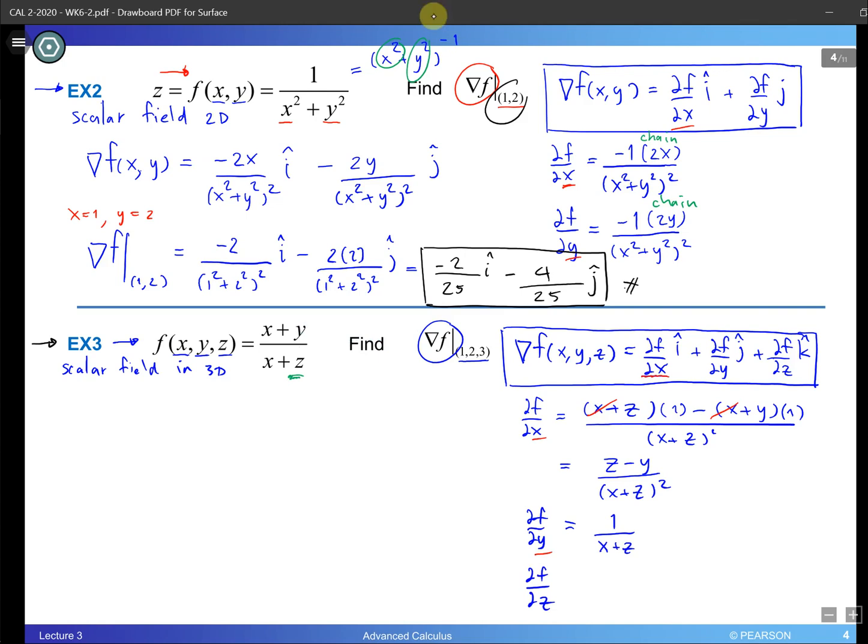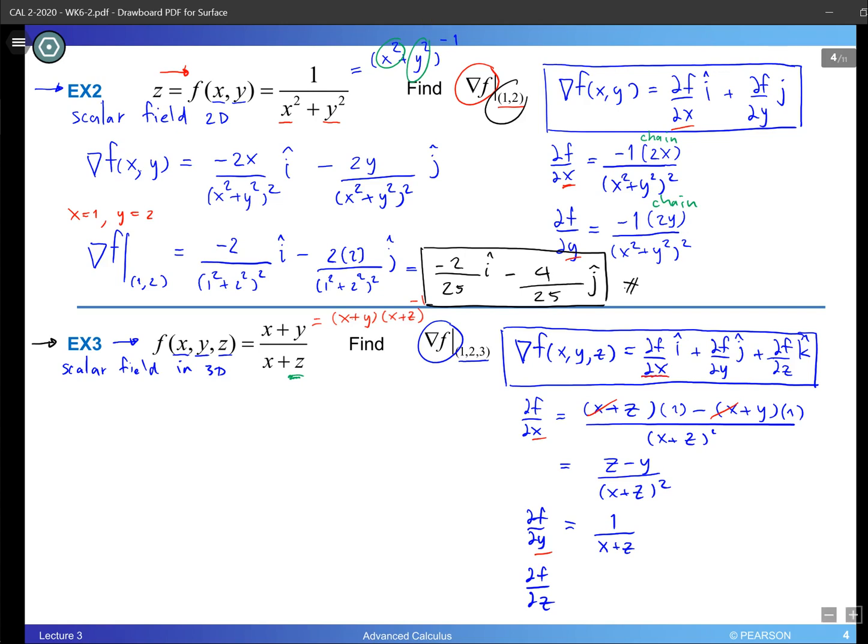So instead of looking at this as a fraction, I am going to look at this as 2 terms multiplied together. So let's make a note right here. It's going to be equal to x plus y times x plus z to the power of minus 1. In this form, I can just apply the power rule to this one when I differentiate.